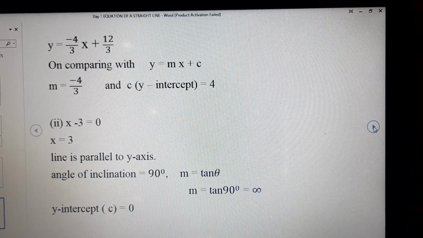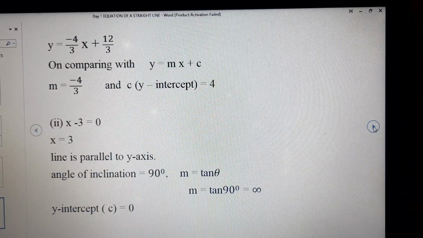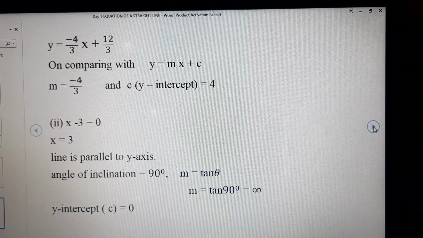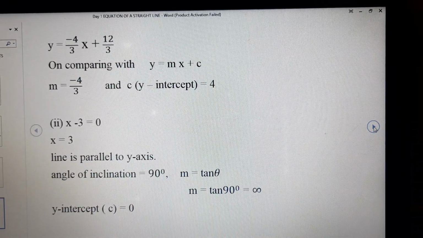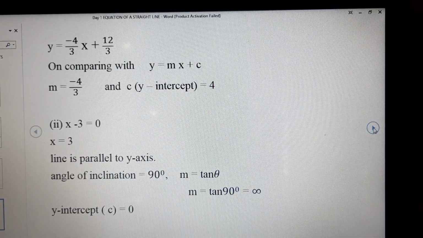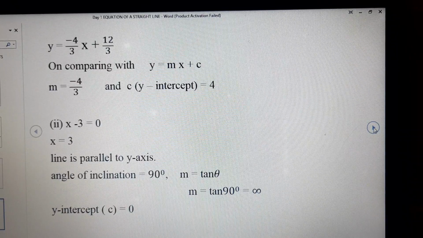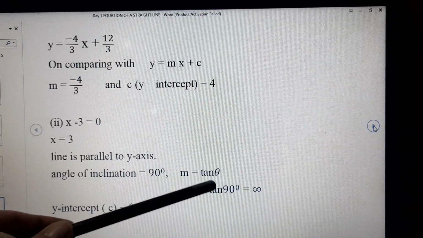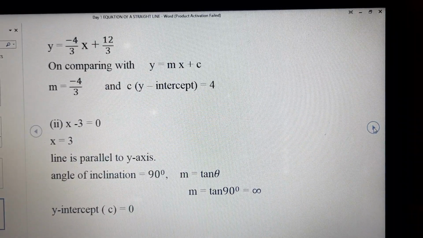This type of equation, x is equal to a, is the standard form of a line which is parallel to the y-axis. So if this line is parallel to the y-axis, it will make a 90-degree angle with the x-axis. So theta becomes 90 degrees. m is tan theta, so m is equal to tan 90, and tan 90 is what?